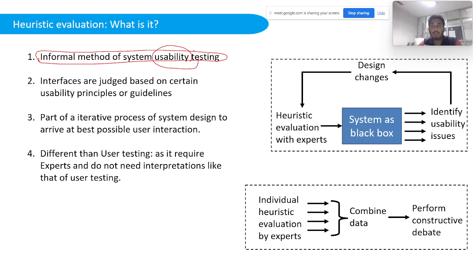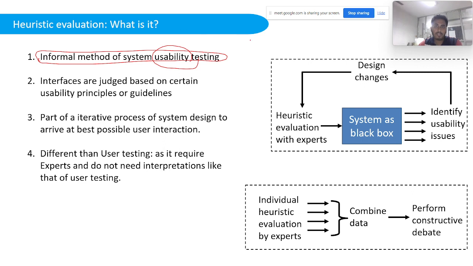Now, you can also do usability testing after user testing, but generally heuristic evaluation is done immediately after designers or developers come up with a system, to check how the system meets the user requirement based on their conceptual model.